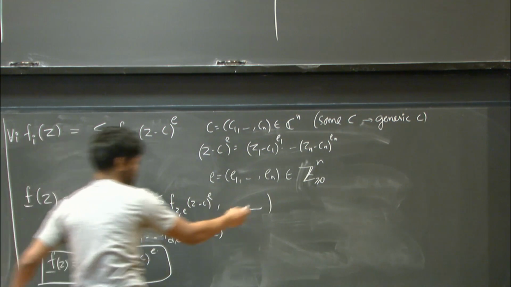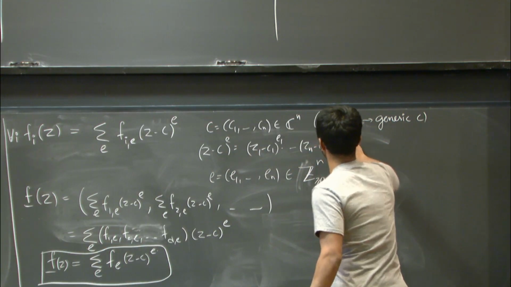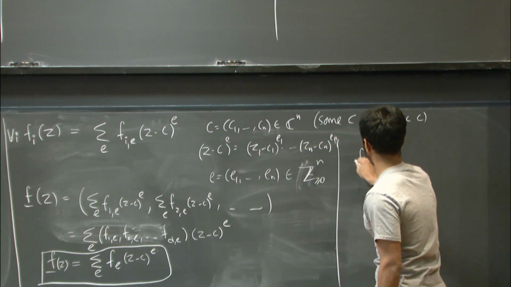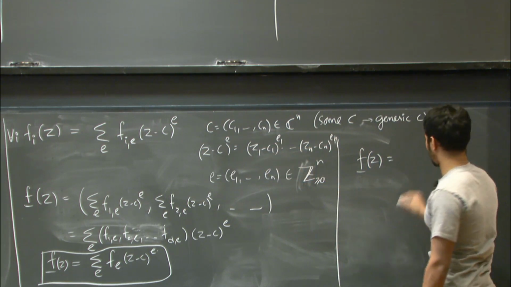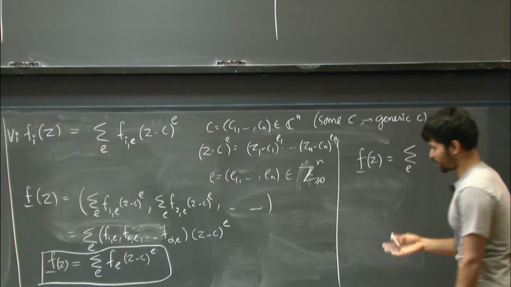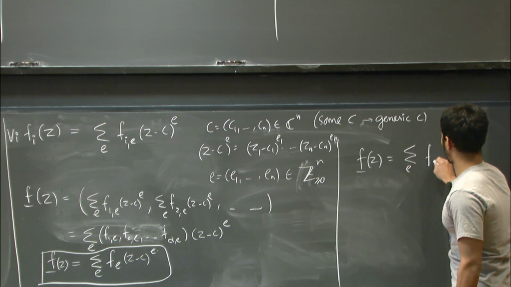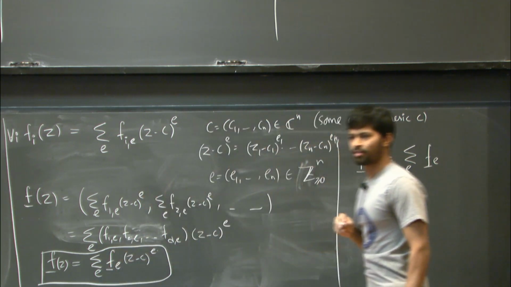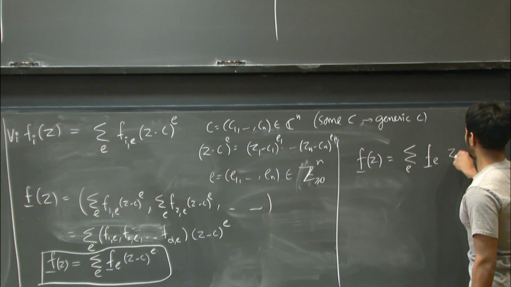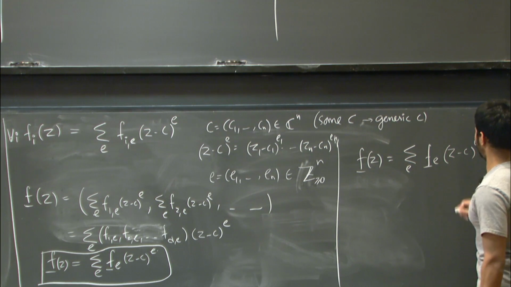Okay, so let me write that out in a happier place. So I wrote this, so what did I do? I had a vector of rational functions and I wrote it as a sum over all exponent vectors. So this f_e is a vector, so let me put an underline, times some monomial.